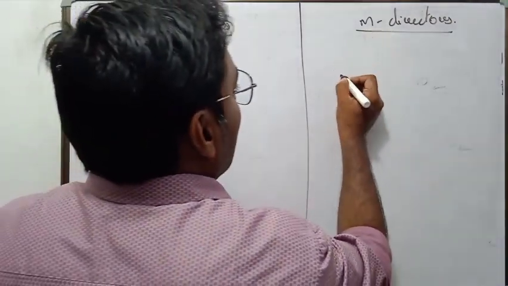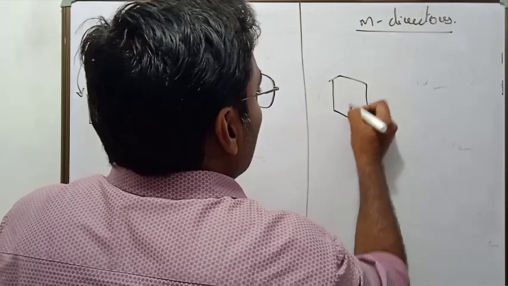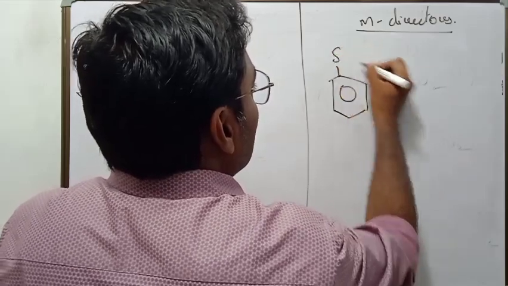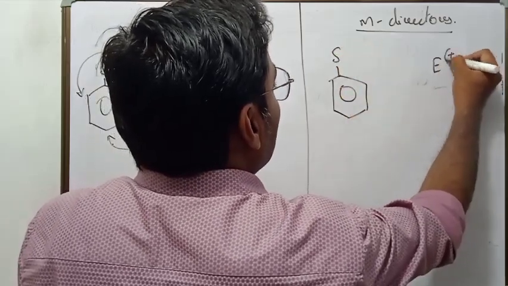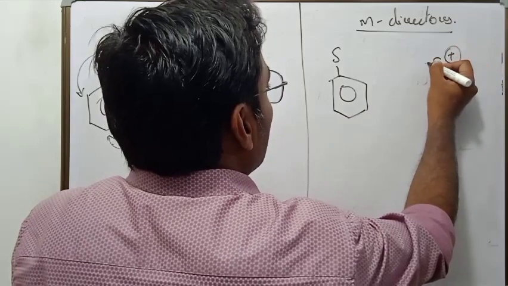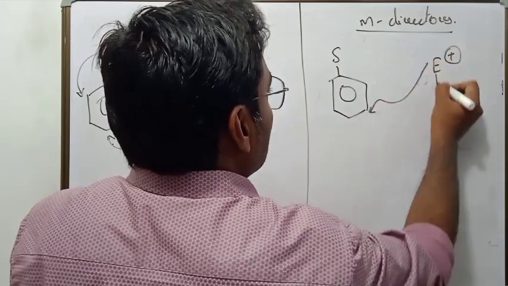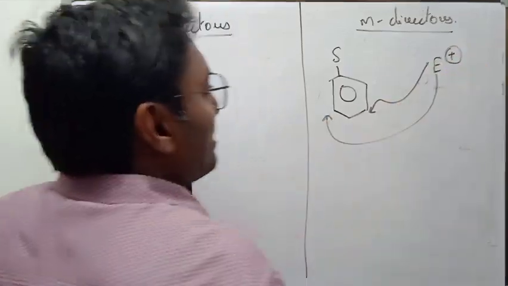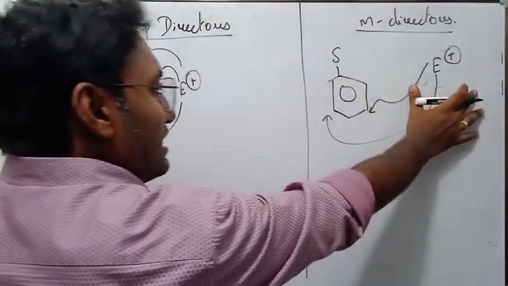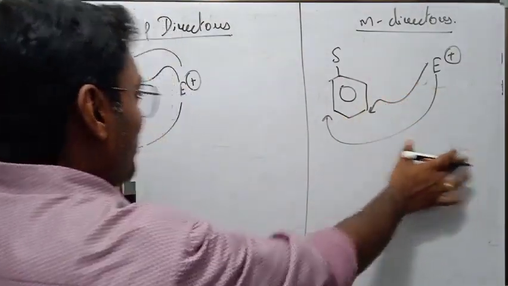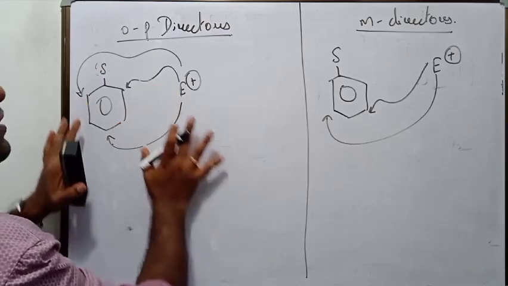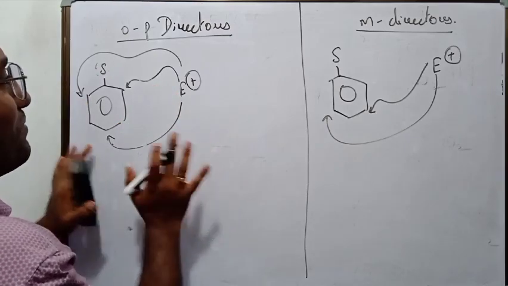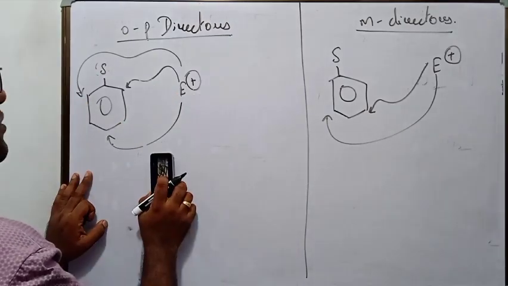And meta-directors are those primary substituents that direct the second electrophile towards the meta position. In this case, the meta product will be the major product. In this case, the ortho and para products will be the major products. So I hope it is clear.